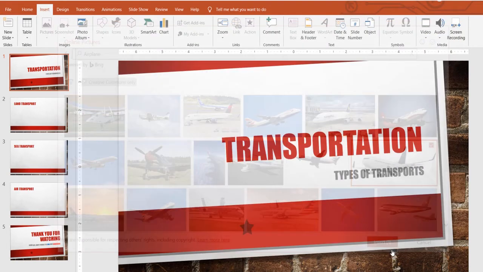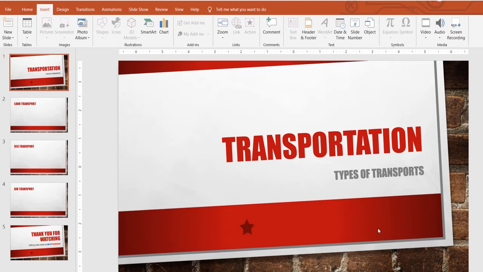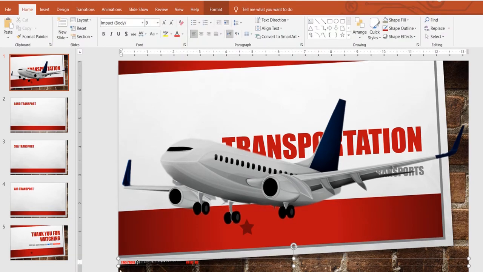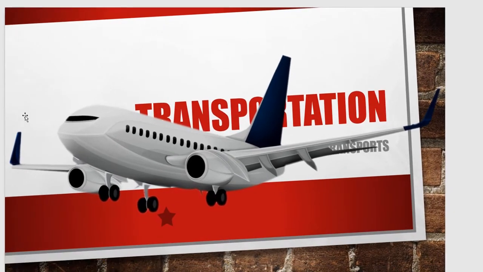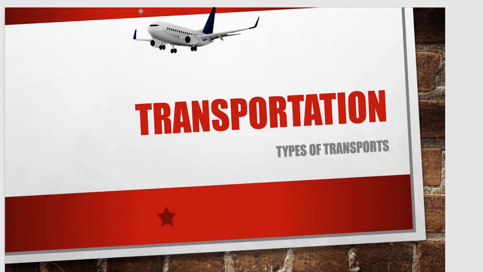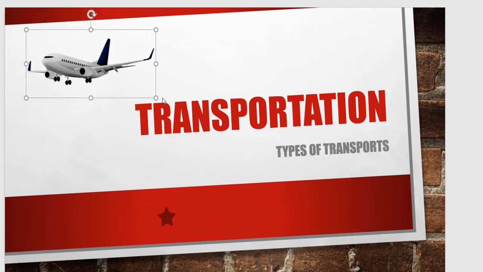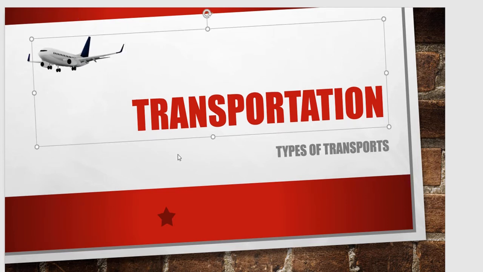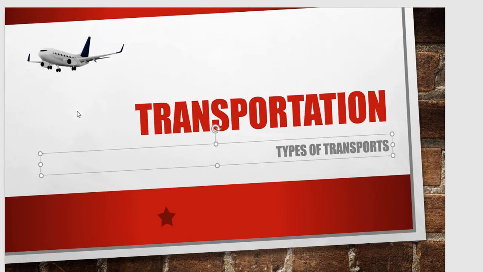For example, I'll insert one of the images from the online repository, and then I'm going to reuse the ones that I've already inserted in my presentation to save time. So over here, I have inserted one.